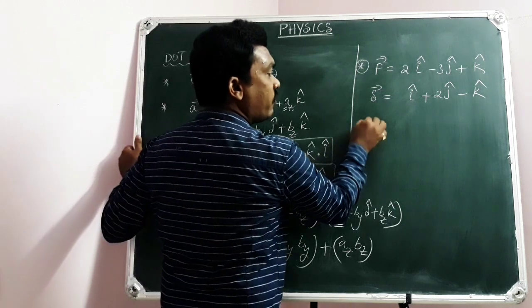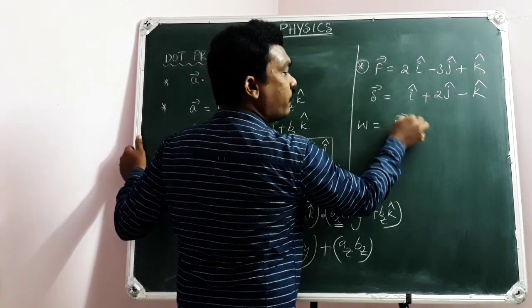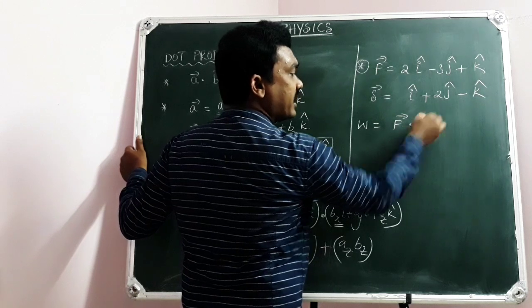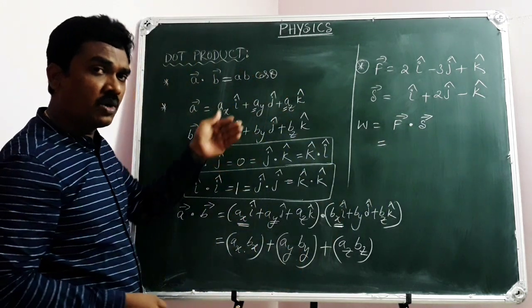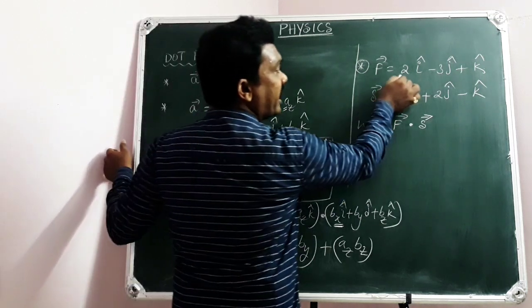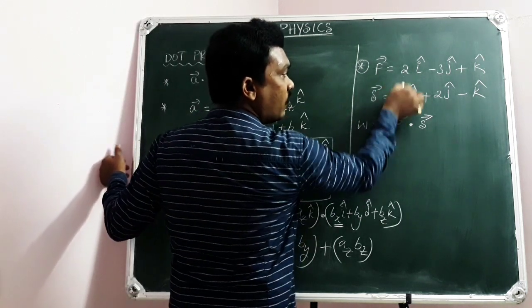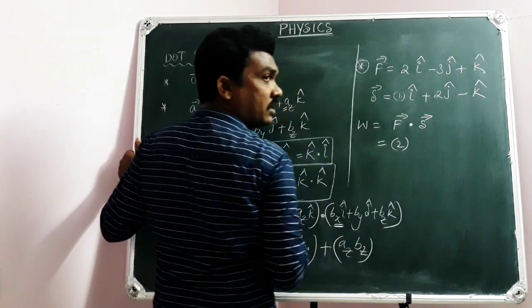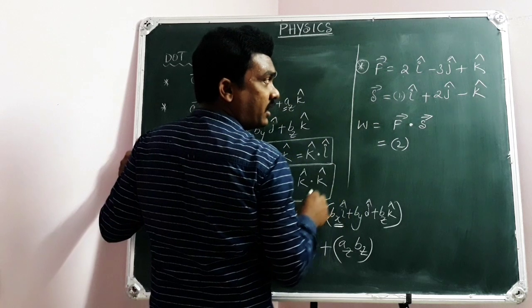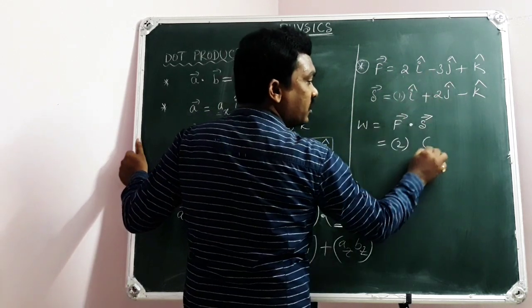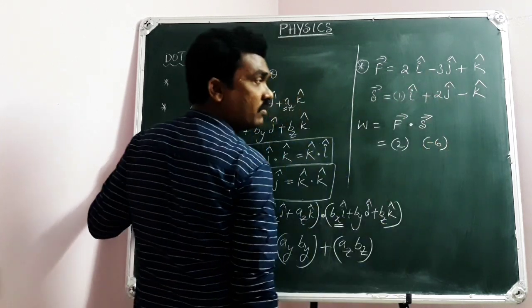Then the amount of work done is the dot product of force vector and displacement vector, which is equal to, now multiply the respective components. Here 2 i cap, here 1 into i cap, 2 ones are 2, first term. Next, second, here it is minus 3 and 2, sign should be taken into account, minus 3 times 2, it will be minus 6.